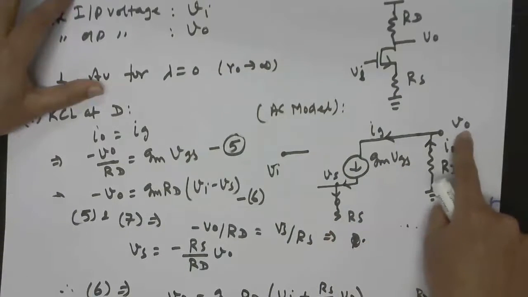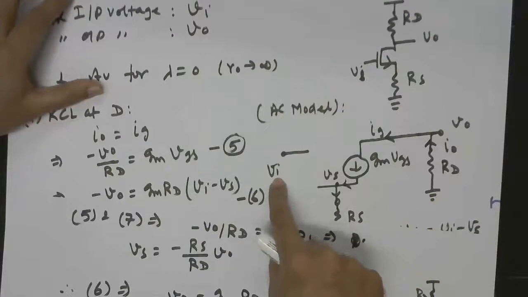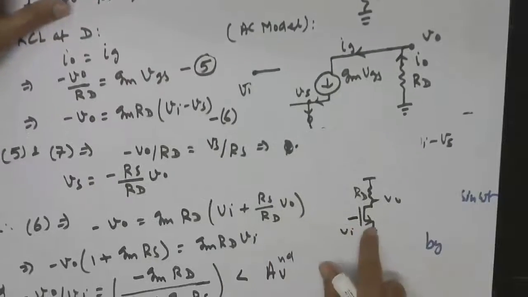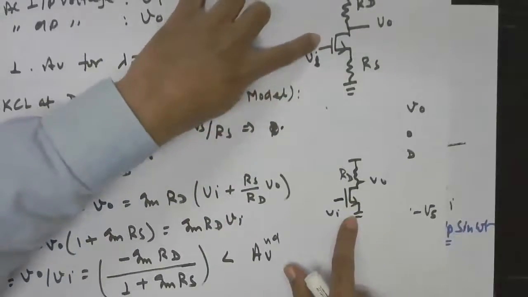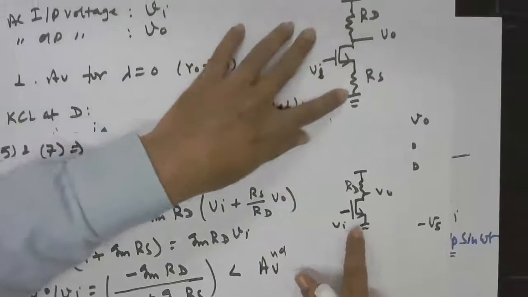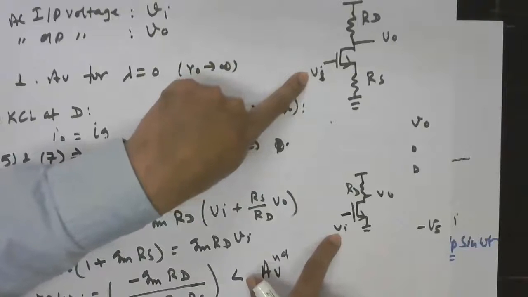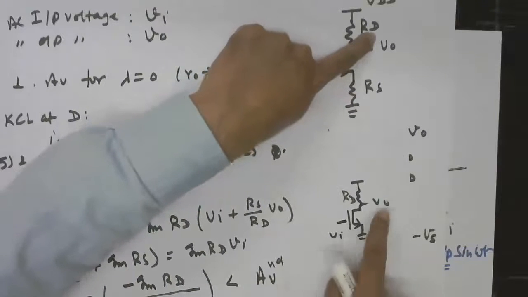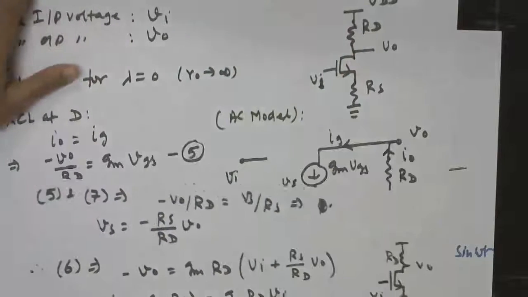So we have two circuits, without degeneration and with degeneration. The gain of this is less compared with this circuit. That means if you keep the input the same in both circuits, the output here is going to be smaller compared with without degeneration.